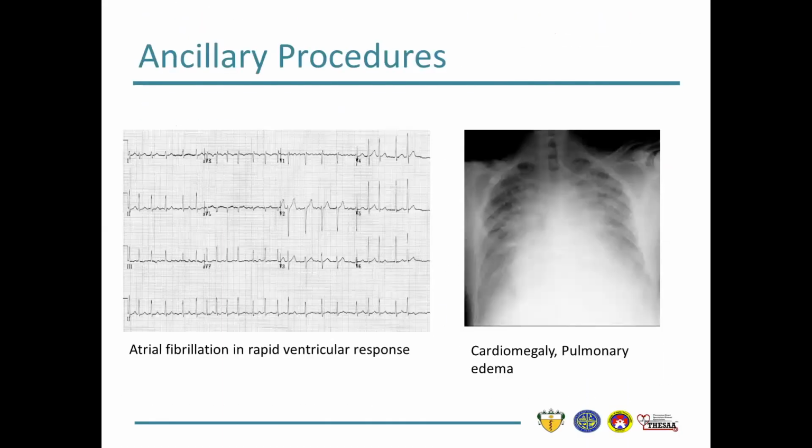The following are the ancillary procedures done. ECG showed atrial fibrillation and rapid ventricular response. Chest X-ray showed cardiomegaly, with multi-chamber enlargement, as well as the presence of pulmonary edema.